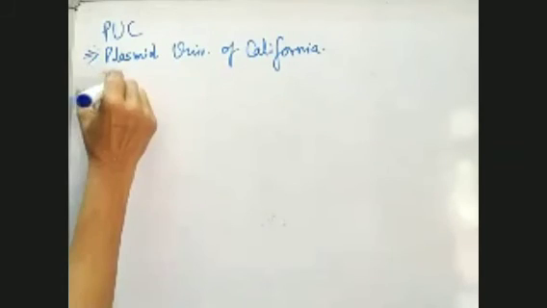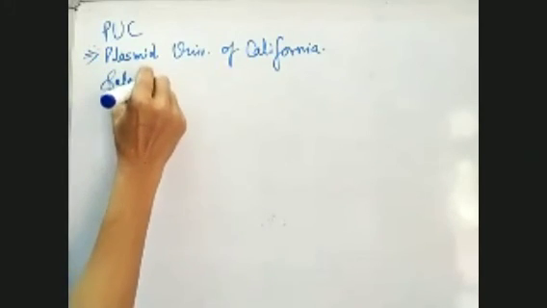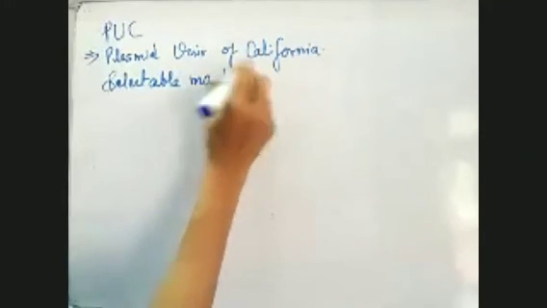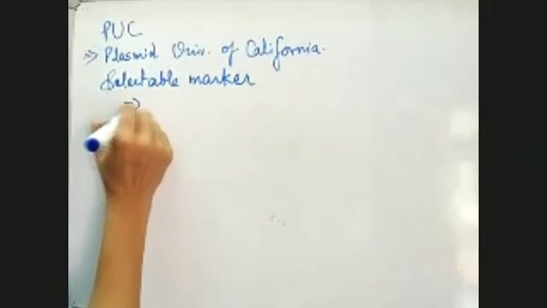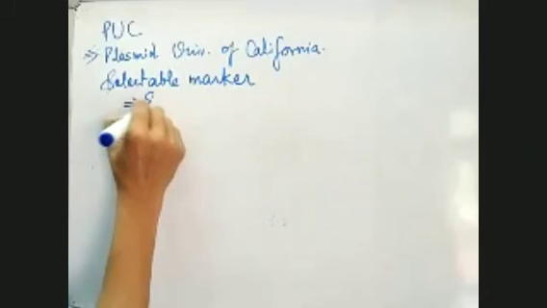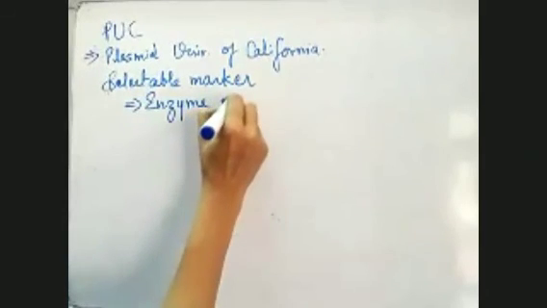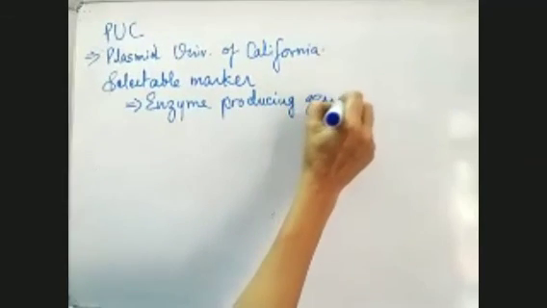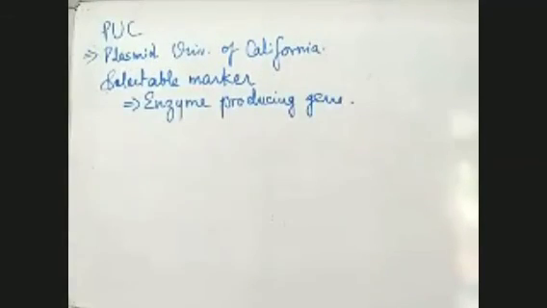The selectable marker in this case, that means the identifying mark, is an enzyme producing gene. This is the selectable marker in this case in pUC.